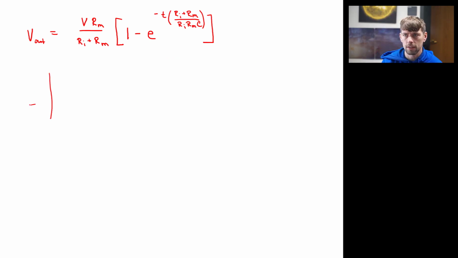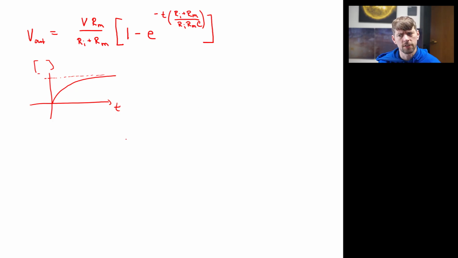If I plot this as a function of time, this term in the square brackets will look something like this, where it rises up asymptotically to some value. Of course, you can see what the value is: it's this coefficient out in front. And so that's what happens as the switch is closed, which is kind of interesting. That's just a different behavior.